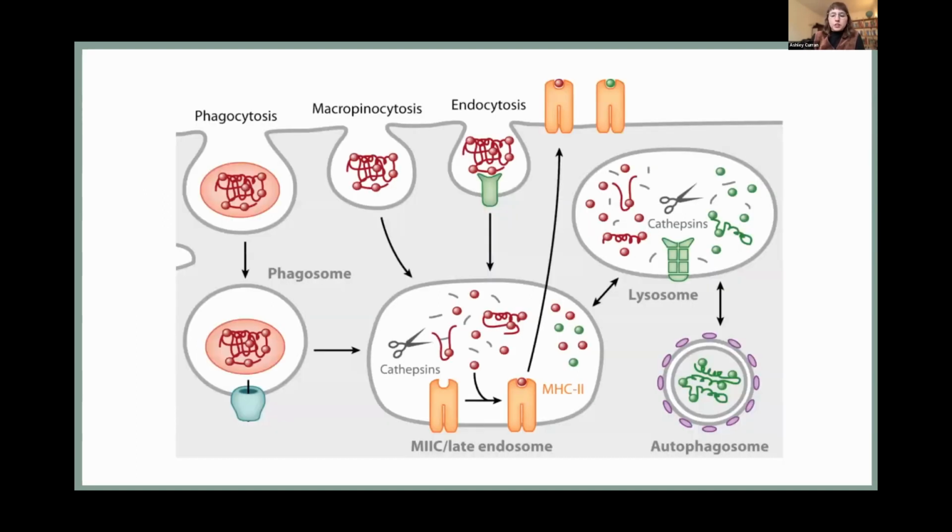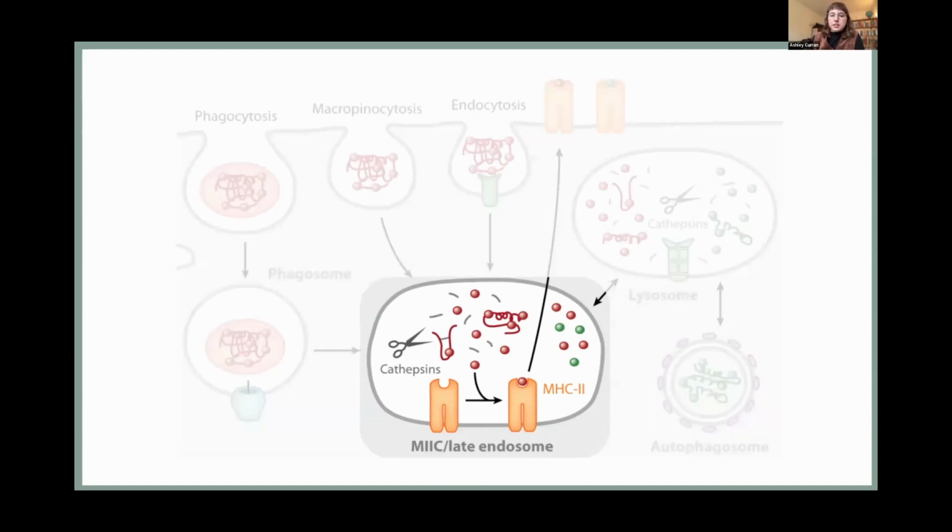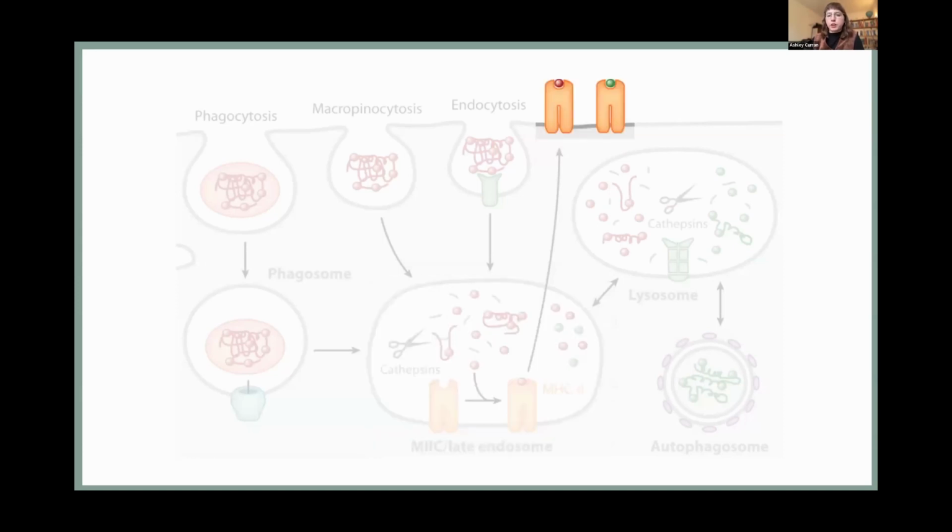And so again, we're focused on MHC class II processing here. Just a brief refresher: an antigen-presenting cell, like a dendritic cell, takes in antigen from the external space and then processes these antigens in the MIIC compartment, where proteases called cathepsins process antigen into short peptides, which are then loaded onto MHC class II molecules before being brought to the surface to be presented to CD4 T cells.